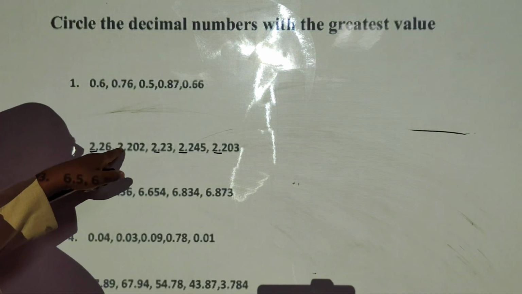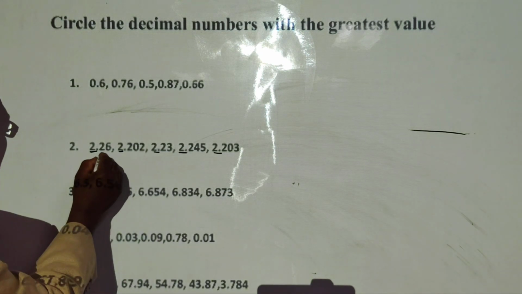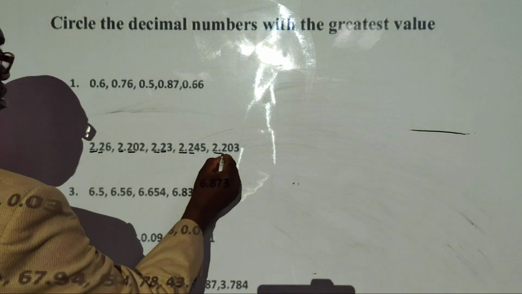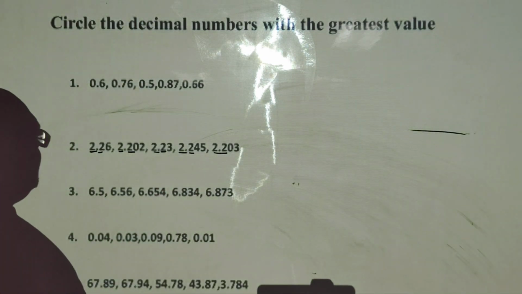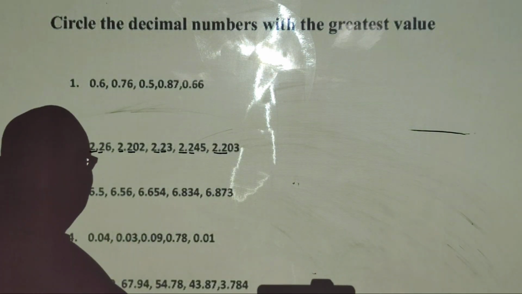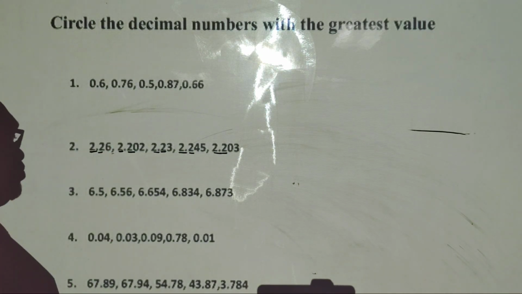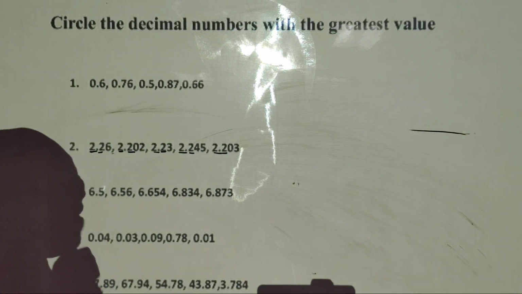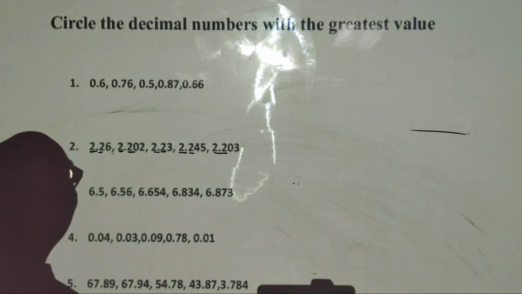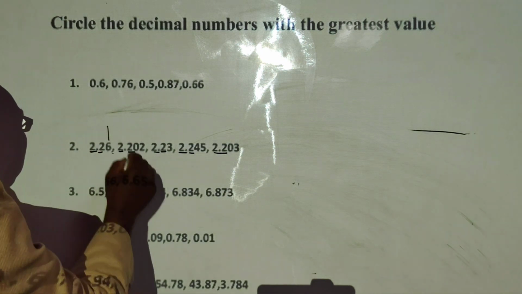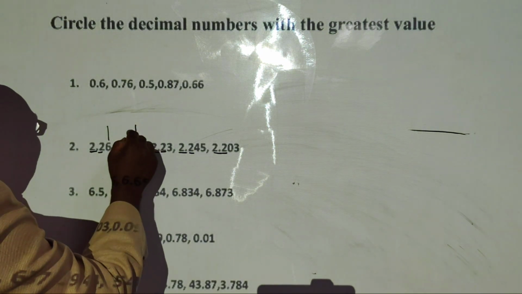You see, all of them again share 2. You see that? All of them have 2. All right. So since I cannot make up my mind on the first place, now I move on to the second place. I look at the 100th place. Here I got 6. Here I got 0.